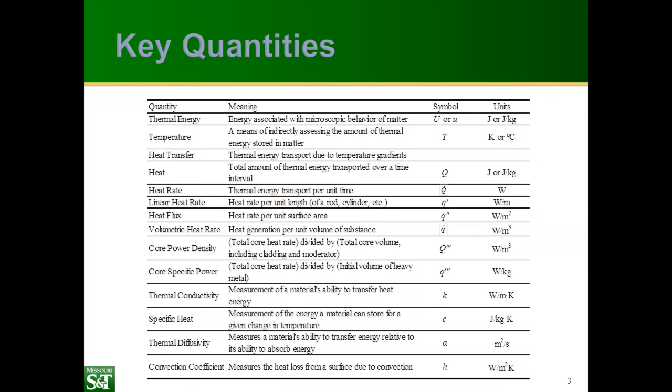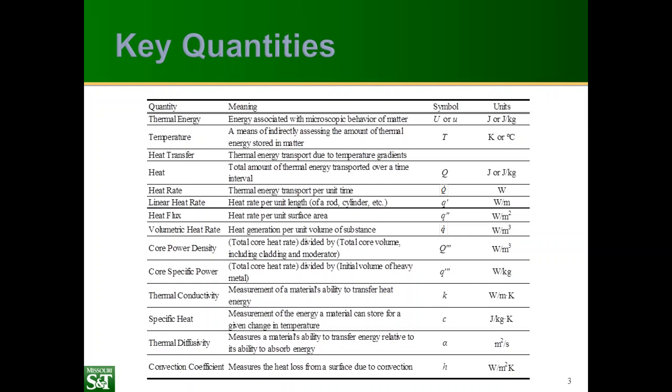So the relationship between the heat rate, linear heat rate, heat flux, volumetric heat rate, core power density, and core specific power need to be clearly understood, because the reactor physicist looks at the volumetric heat rate and linear heat rate and so on. Thermal engineers are looking at things like heat flux for looking at temperature changes.